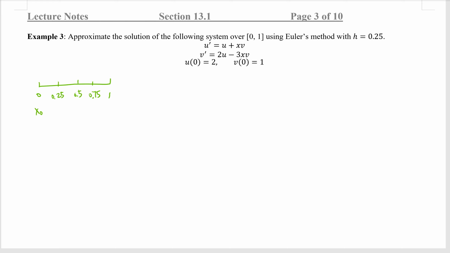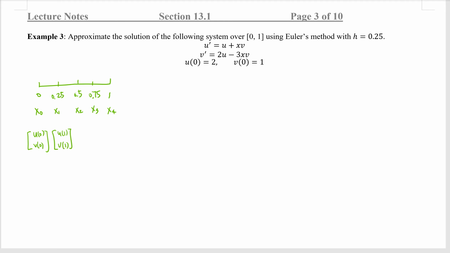So that's x0, x1, x2, x3, x4, right? And we're going to have a vector. So let's see, what's the index? We have the vector u of 0, v of 0, and u of 1, v of 1.